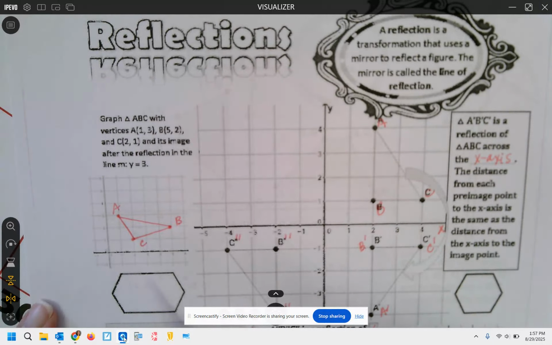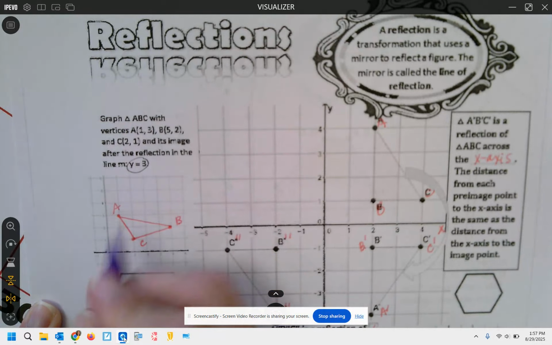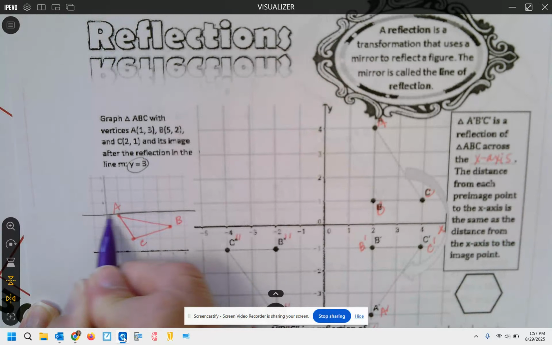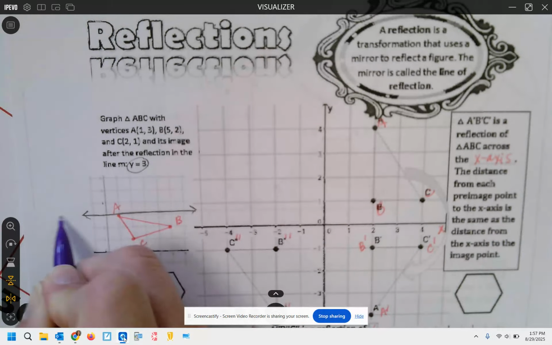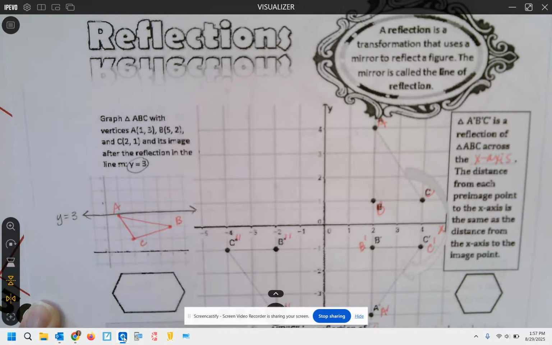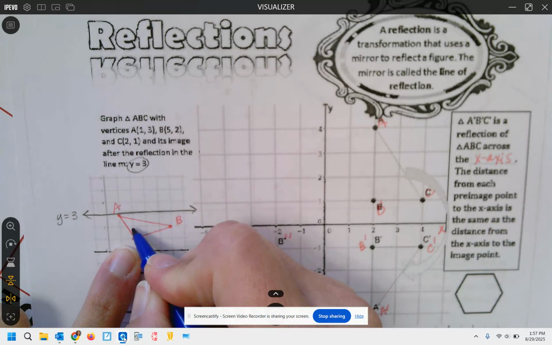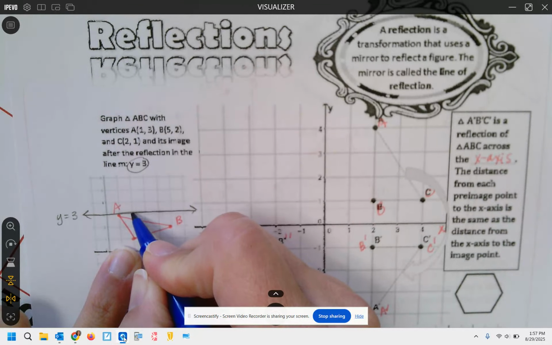So y equals 3 is a horizontal line right here where y equals 3. To get the image, I'll start with point C. Point C is 2 units away from that reflection line.